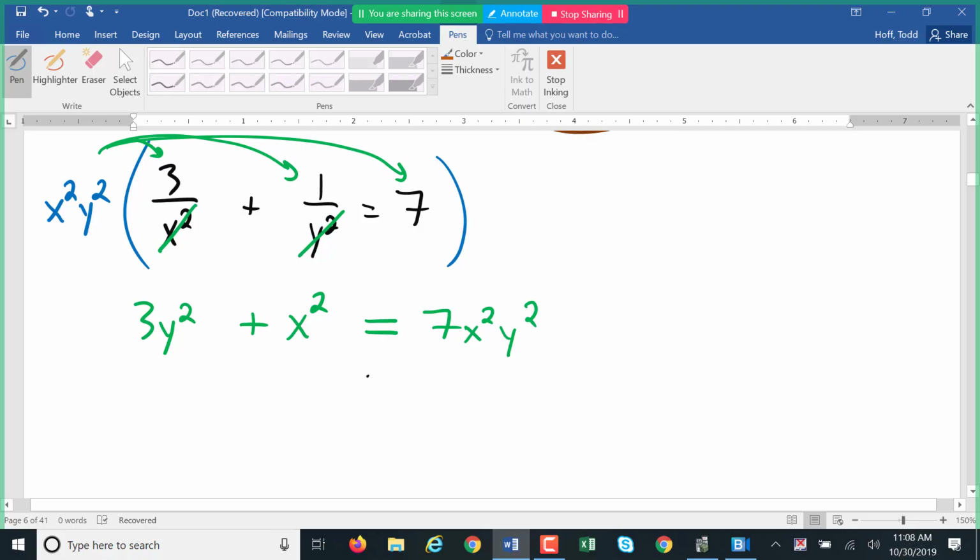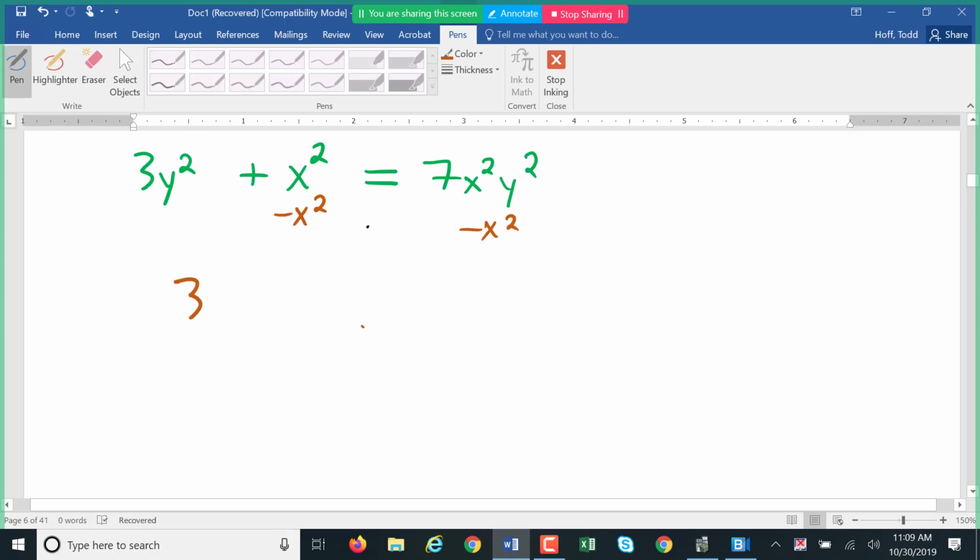So I'm going to pick one to move over. I'm going to move the X squared over so I have the Y squared by itself on the left side. I'm going to subtract X squared from both sides. So I have 3Y squared equals 7X squared Y squared minus X squared.